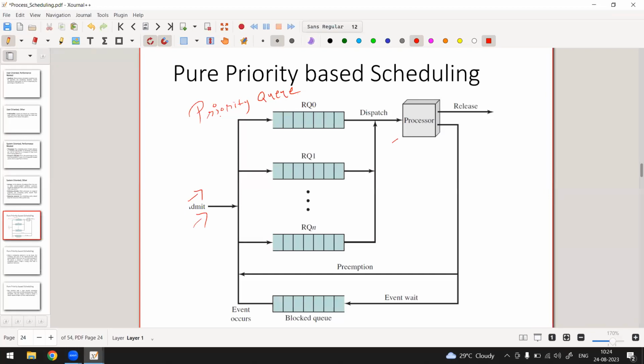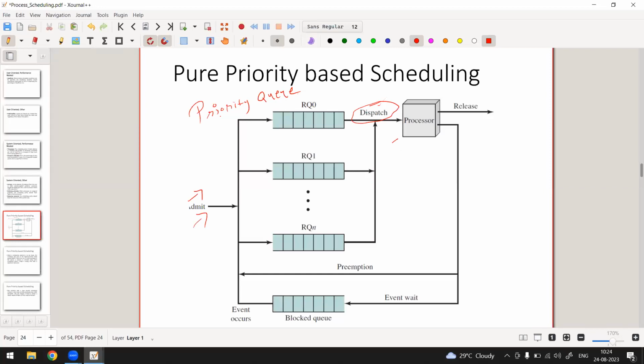Let's say if the priority is 0, then it will enter in Q0. If priority is 1, it will enter in Q1 and so on. So accordingly, it will enter a certain priority queue. Now what will the dispatcher do? What is the meaning of dispatcher? It means the actual scheduler, the short-term scheduler.